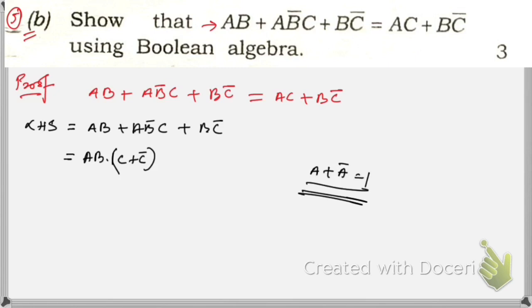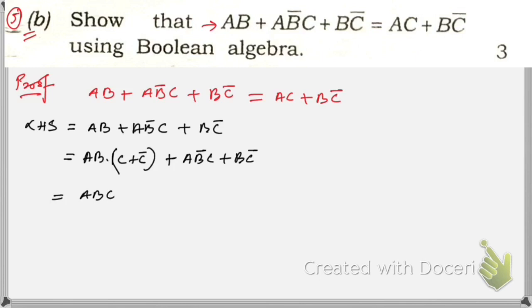Let me write the other two terms as they are: AB complement C plus BC complement. Now use the distributive property, and doing so, ABC, then ABC complement.